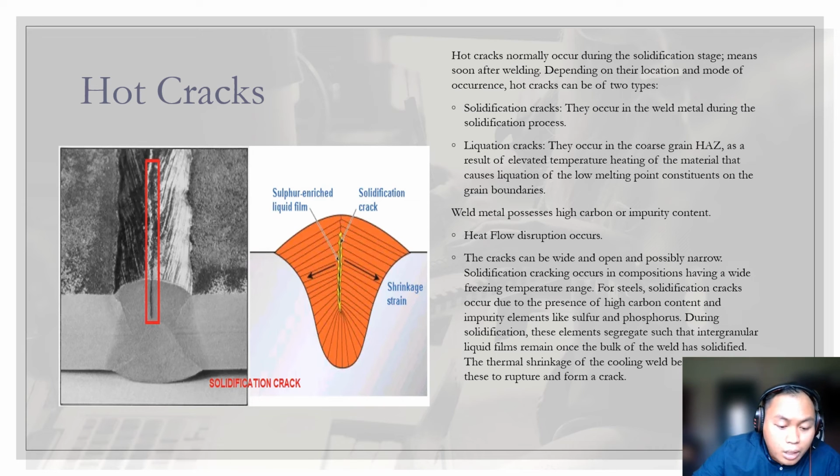During solidification, these elements segregate such that interdendritic liquid films remain once the bulk of the weld has solidified. The thermal contraction of the cooling weld bead can cause that to ripple from the crack.